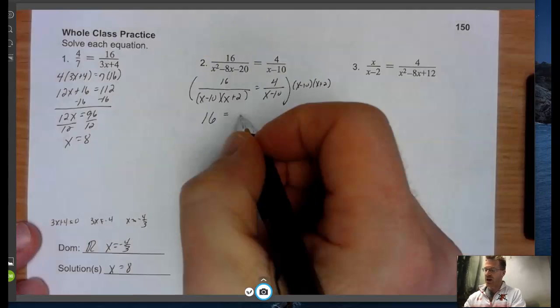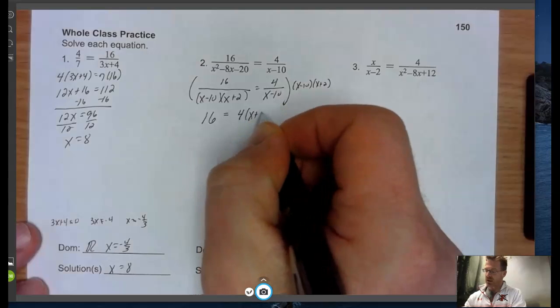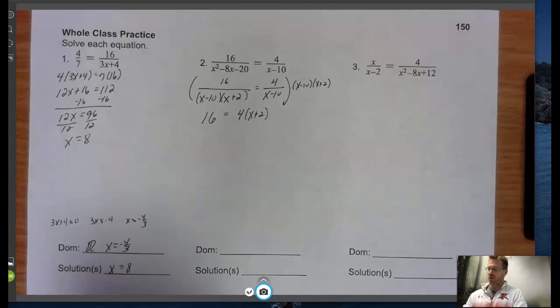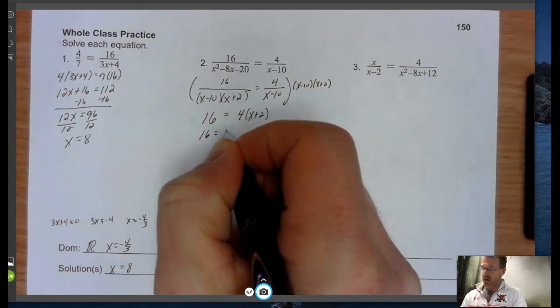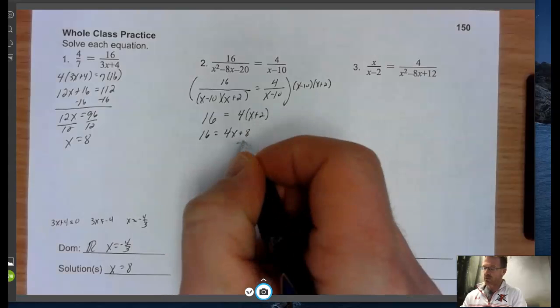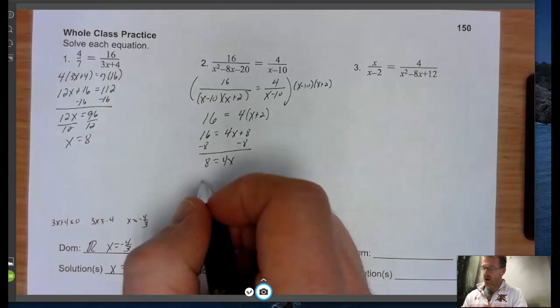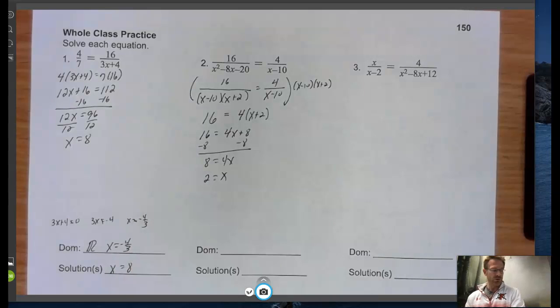But then I'm going to be left with this 4 times x plus 2. Once I've distributed with that common denominator, it becomes just a regular linear problem. So 16 equals, and I get 4x plus 8. Subtract 8, subtract 8. 8 equals 4x, which means x has to equal 2.